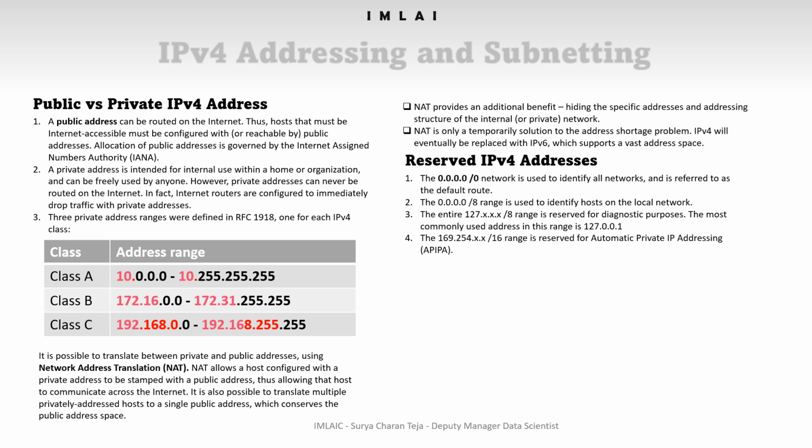And the 240.x.x.x to 255.x.x.x ranges are reserved for future and experimental use and were formerly referred to as class E addresses, because they are not allowed to be used; they are only for future and experimental use. And the final one, the 255.255.255.255 address, can be used as a broadcast address for the local network.